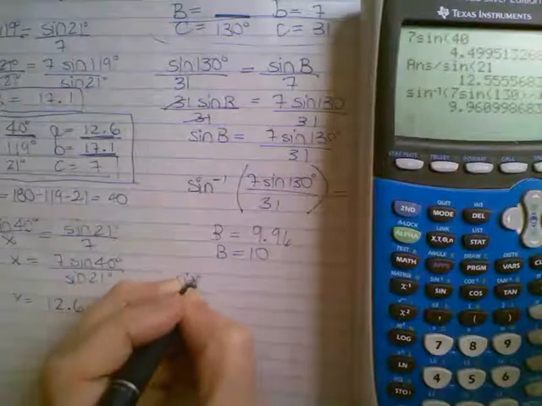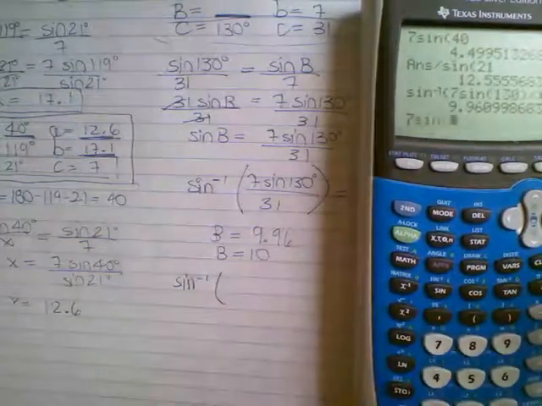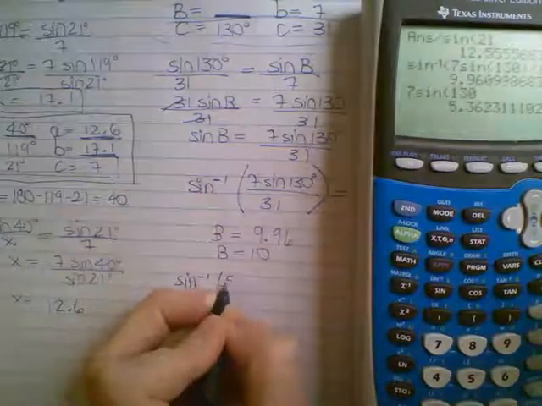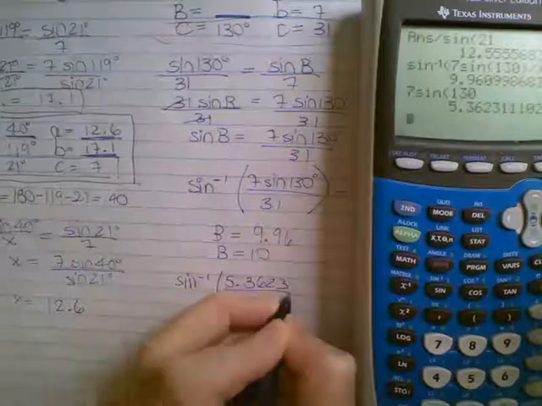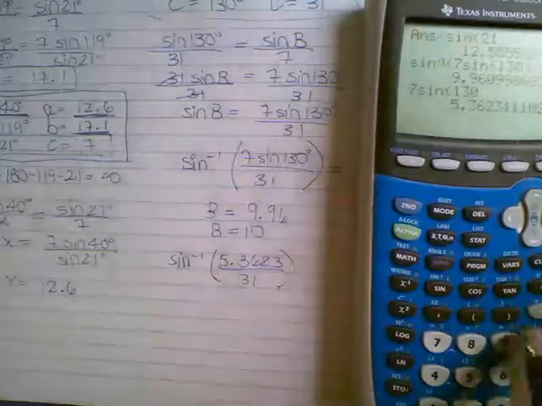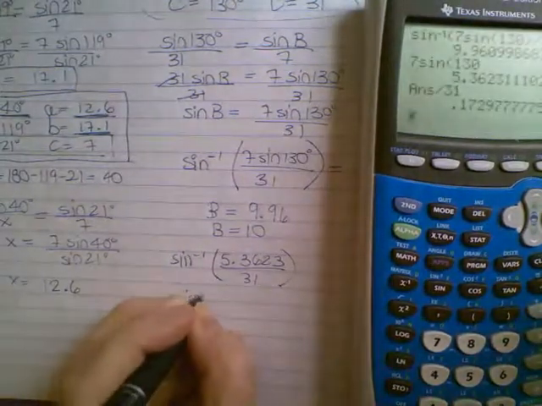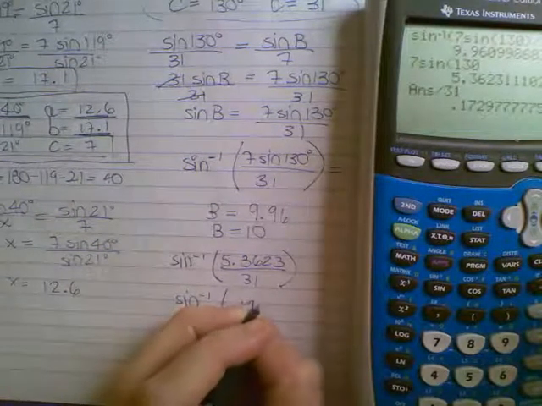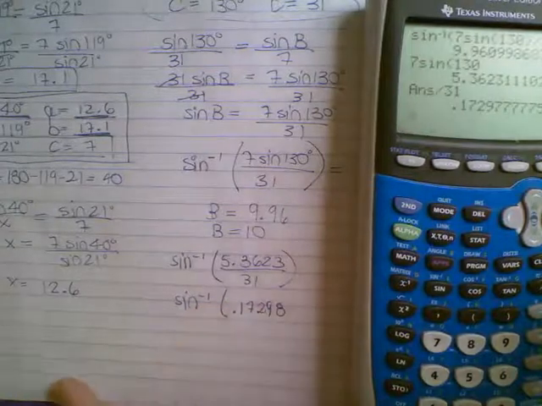So sine inverse, I could have done this. 7 sine 130 is equal to 5.3623, divided by 31, and then I would have had sine inverse of 0.17298, let's say.